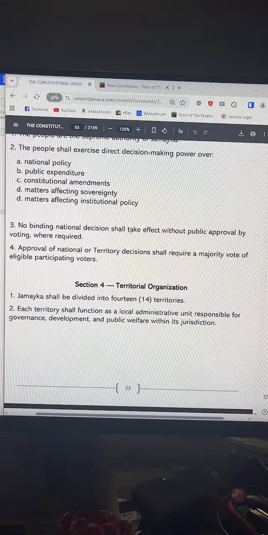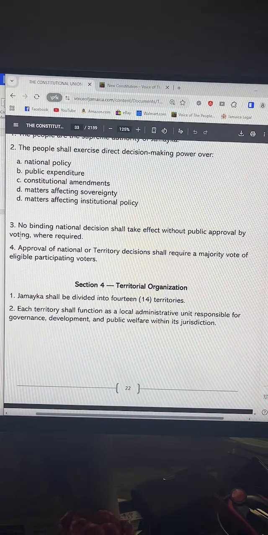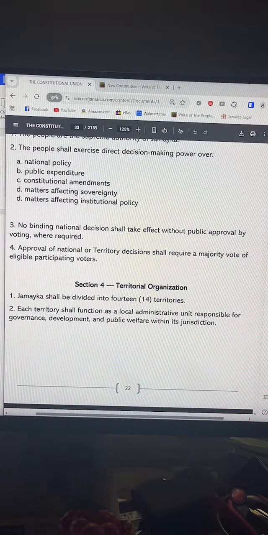No binding national decision shall take effect without public approval by voting where required. And as we can see, everything that affects the people as a public requires voting. Approval of national or territory decisions shall require a majority vote of eligible participating voters.